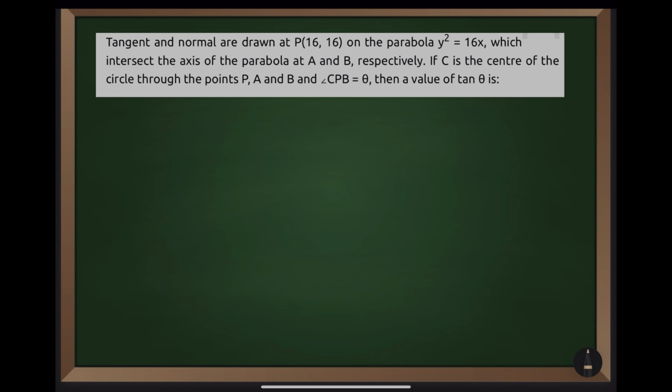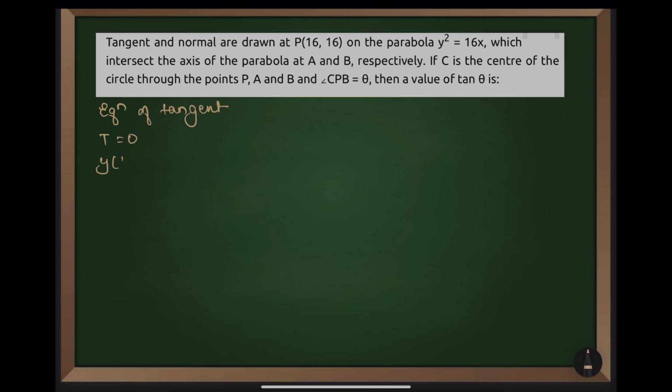So as you can see, this point is on the curve, so you can find the equation of tangent. How did we used to write the equation of tangent? T equals 0. So go for T equals 0.